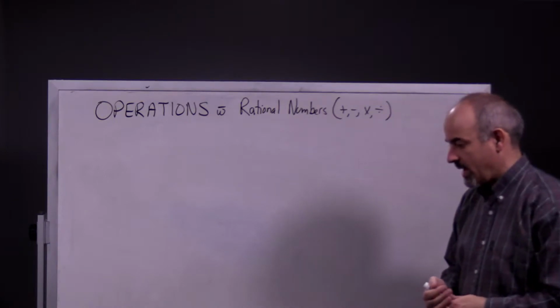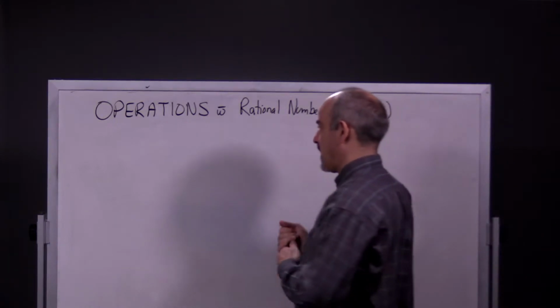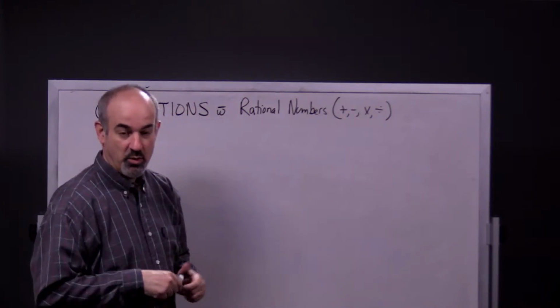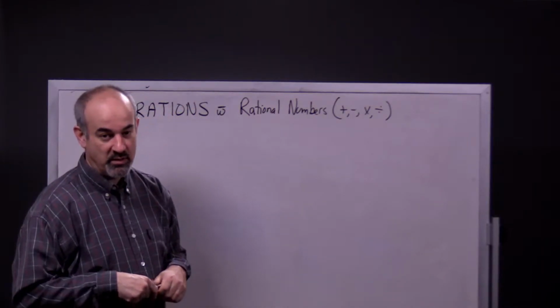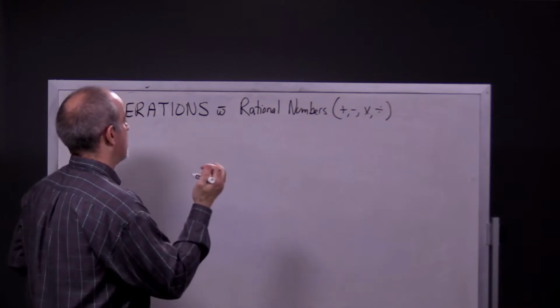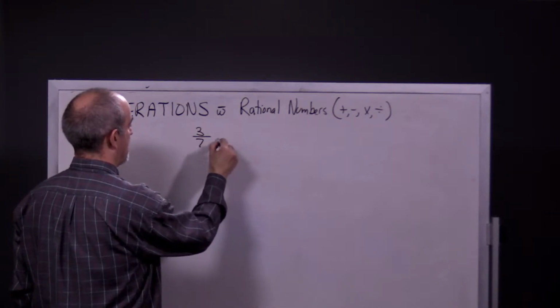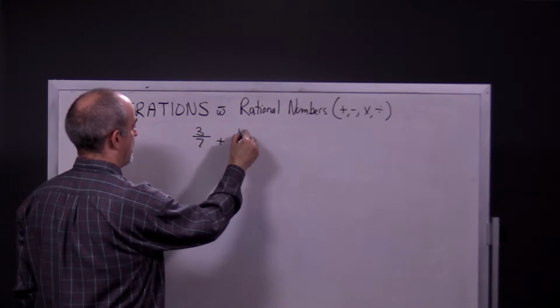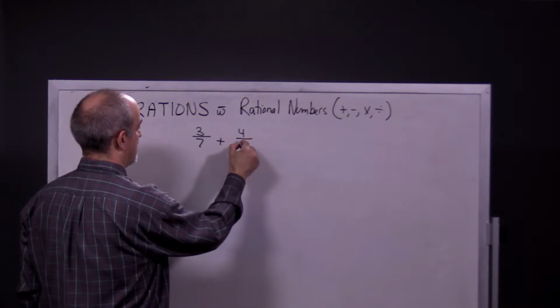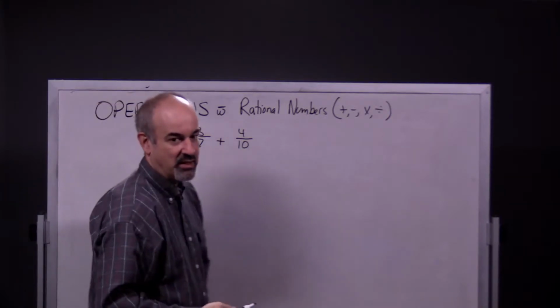Alright, so we're going to talk about adding. I would like somebody to give me 2 rational numbers, but nobody's here, so I'll just make up some. 3 over 7 plus 4 over 10. Yeah, that could be a good one, I guess.